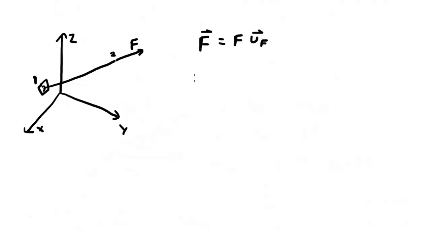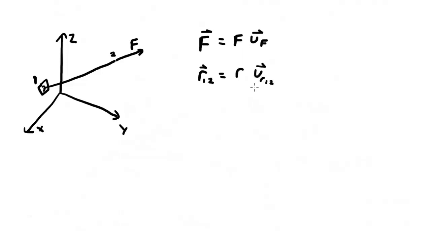The position vector for the rope that tells us how to go from point 1 to point 2 is nothing more than the length of the rope times a unit vector that defines how to go from point 1 to point 2.